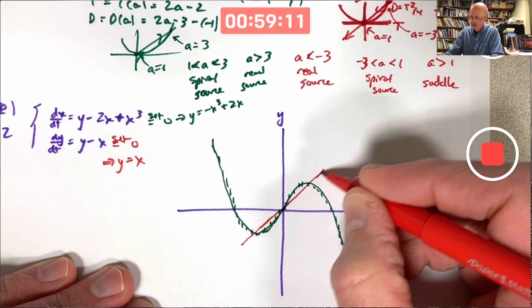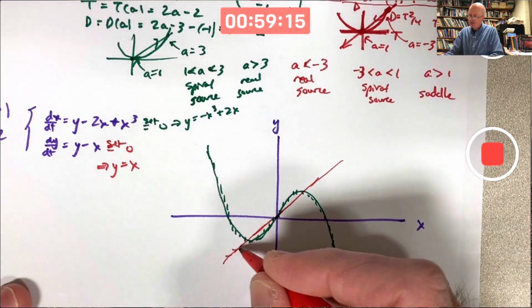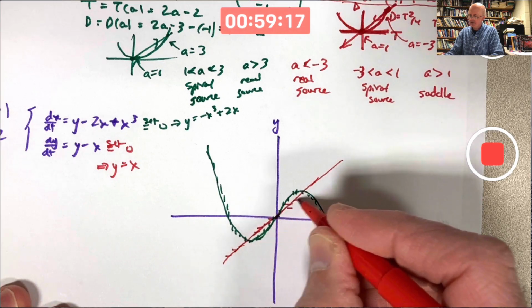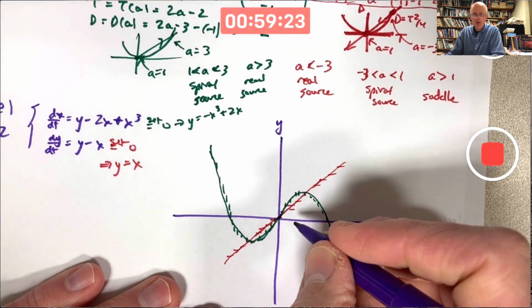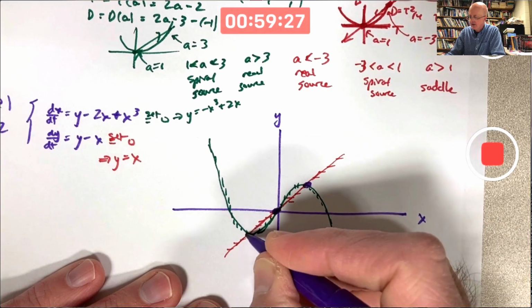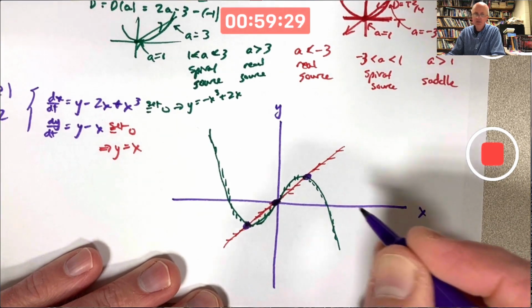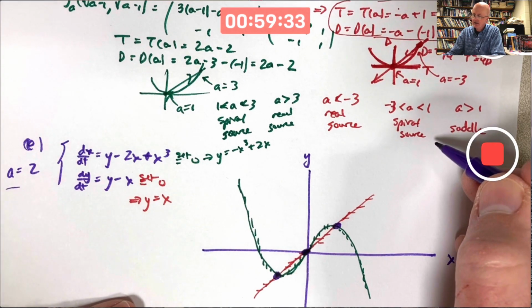Let's just pretend that's right, that you cross horizontally, dy/dt is 0. Yeah, I'm pretty sure that's right. Equilibrium points are where the distinct null lines cross. Here, here, and here.